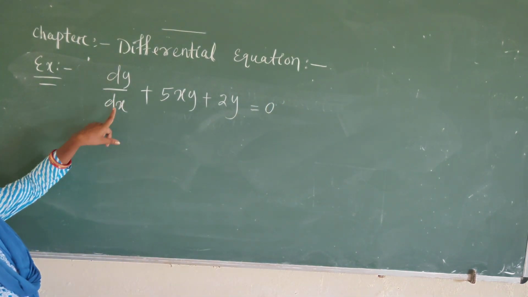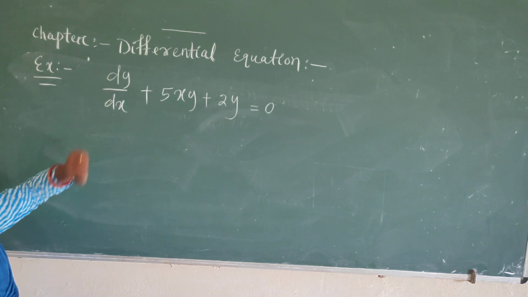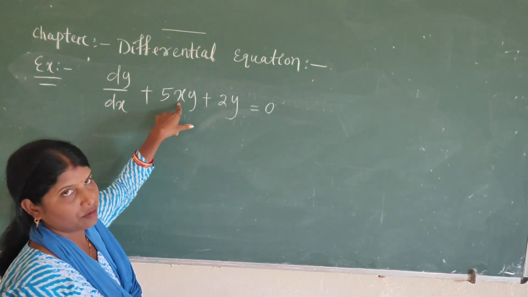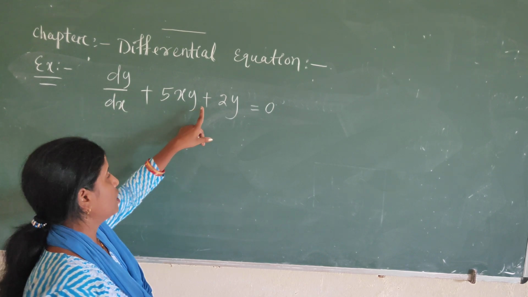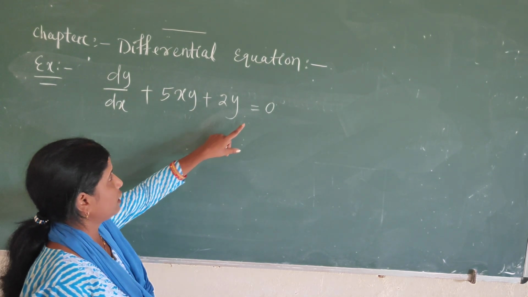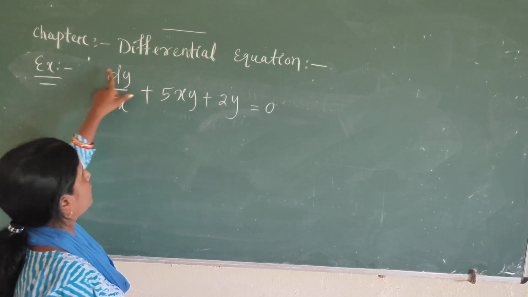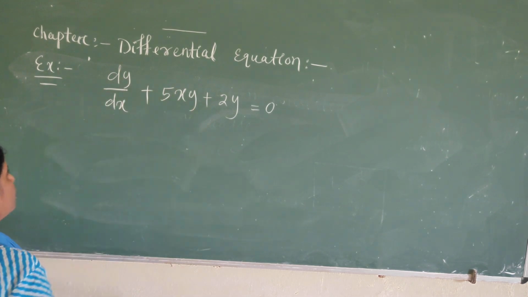Here dy by dx is the derivative of y, x is our independent variable, y is our dependent variable. So this is a differential equation.